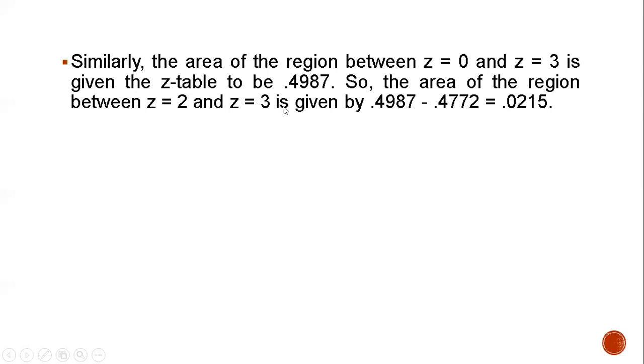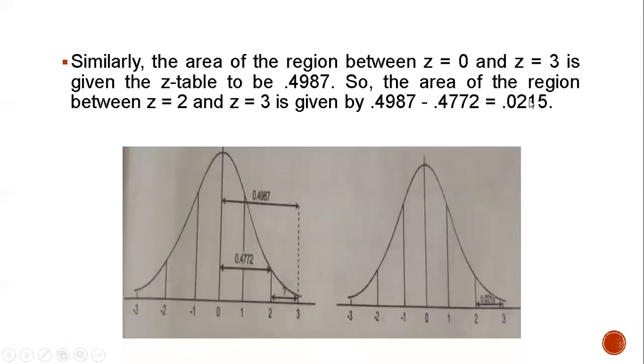Therefore, yung given natin na 0.4987 isa-subtract natin sa value natin kanina simula kay 1 and 2, which is 0.4772. So therefore, yung area na 2 hanggang 3 ay nasa 0.0215 lang. Based sa given natin, ito yung magiging graph niya.